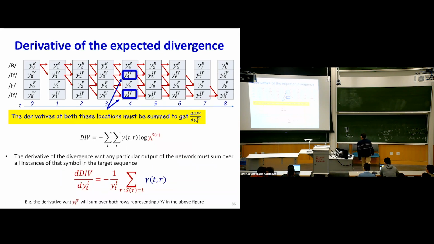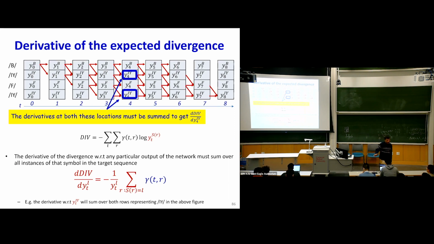And so if I want to compute the derivative of the divergence with respect to the probability assigned by the network to any symbol at any time for a given input sequence, for the terms that don't appear in the sequence, of course, it's going to be 0. For the rest, it's going to be minus 1 over the probability assigned to that term times the summation over all the nodes where that symbol occurs of gamma.